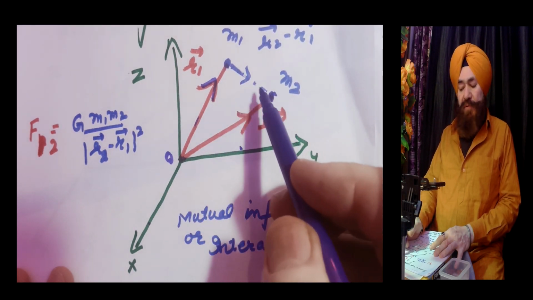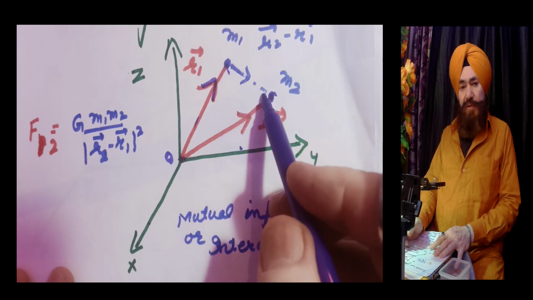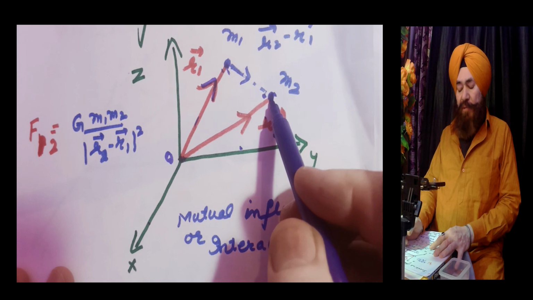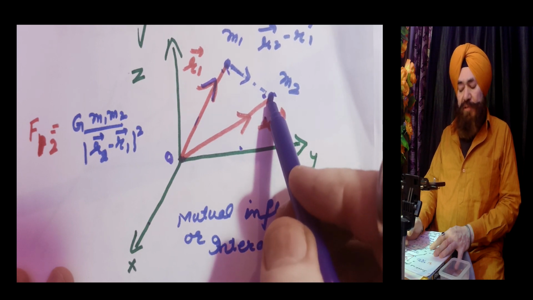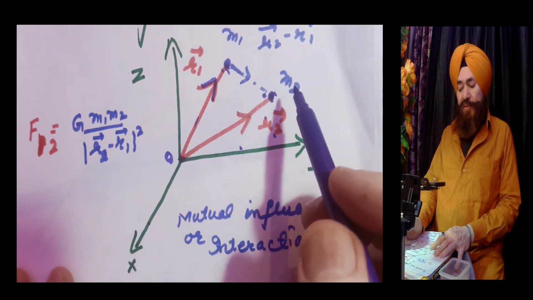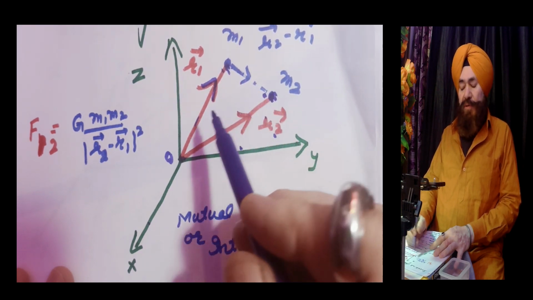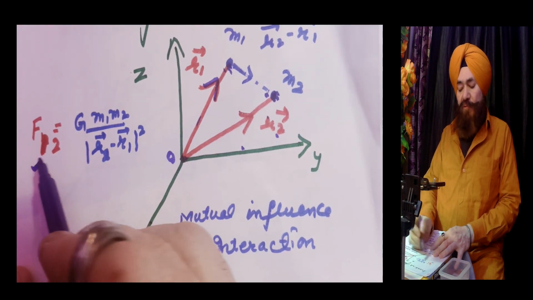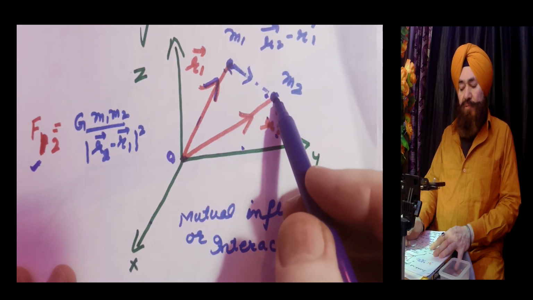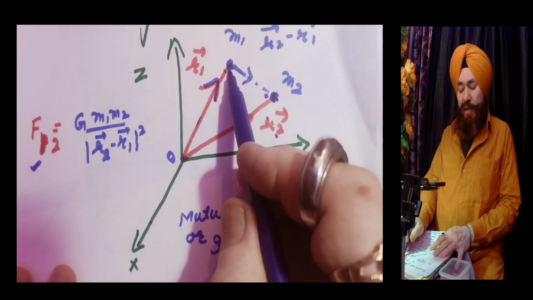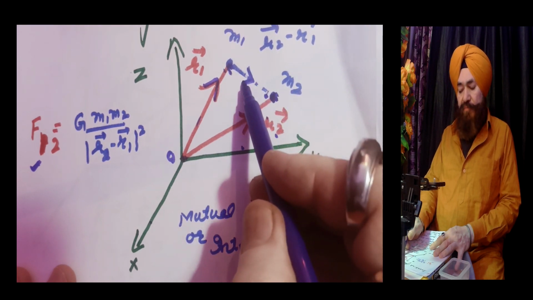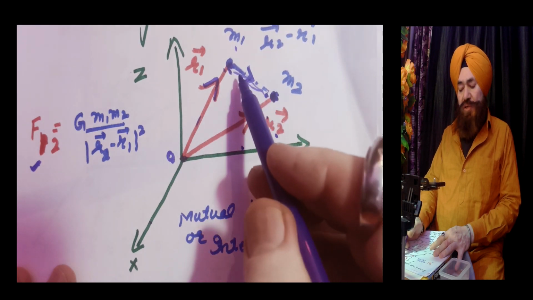Now there will be a force between the two, that is the gravitational force, and this force will be mutual. m2 will apply a force on m1, and m1 will apply a force on m2. So let me write the force on m1 due to m2, meaning m2 will attract m1 along this direction.